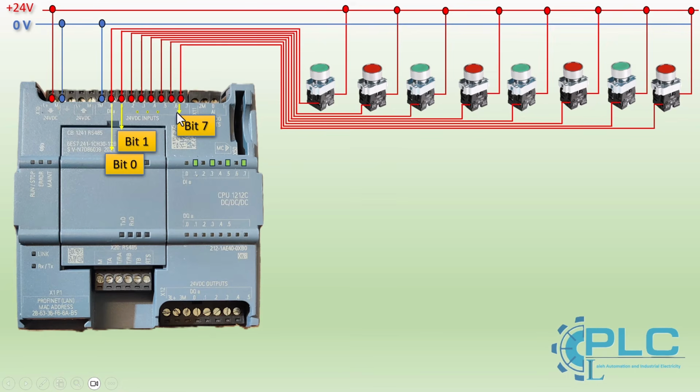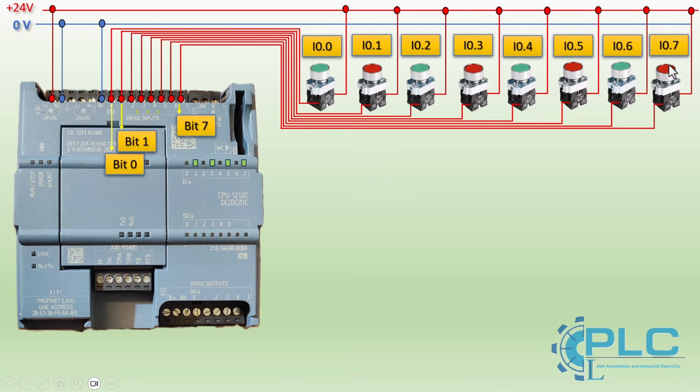If the inputs start at byte 0, their addresses are I0.0, I0.1, I0.2, and so on, up to I0.7. So, the idea is very simple. 8 bits make 1 byte, and each digital input uses 1 bit. That's how byte-and-bit addressing works in the PLC.